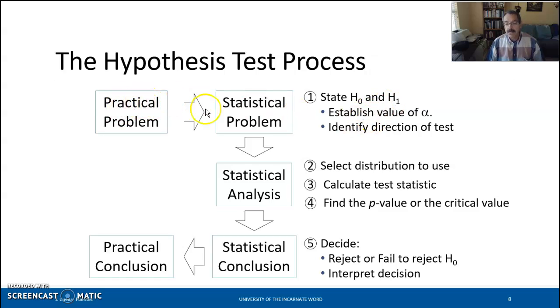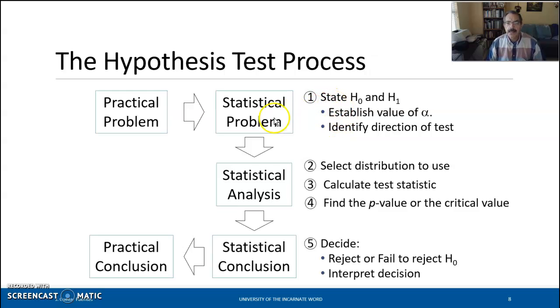Also, from this practical problem, we establish the value of alpha. This is the same value that we saw in the (1 minus alpha) times 100% that we call the confidence level for the confidence interval estimate. And then once we establish the alternative hypothesis, we use it to identify the direction of the test.